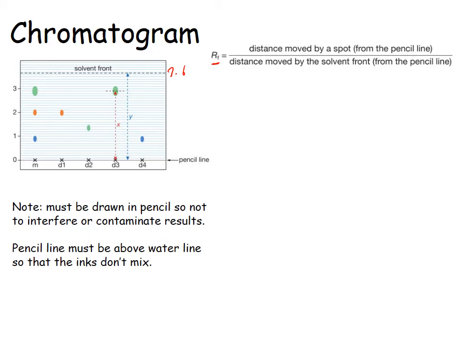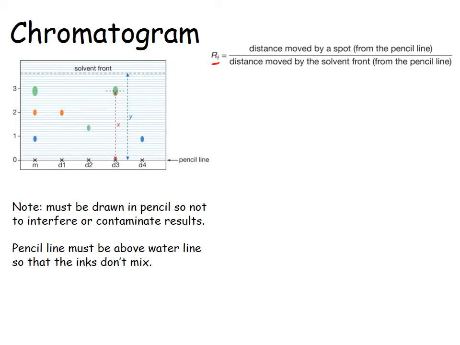So if the solvent front is 1 whole, so that distance there that the solvent has moved is 1, then what decimal have these other inks moved? And just to show you how this gives a really good indication of the distance they've moved, I'm just going to predict these other inks.